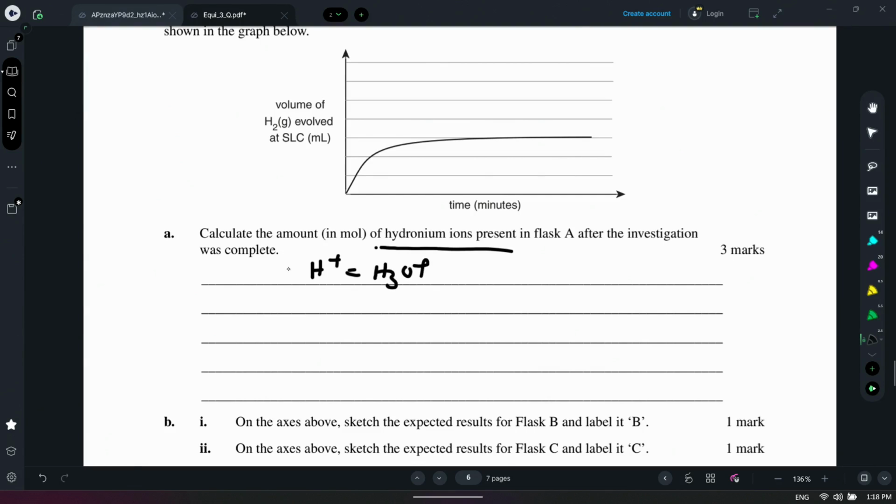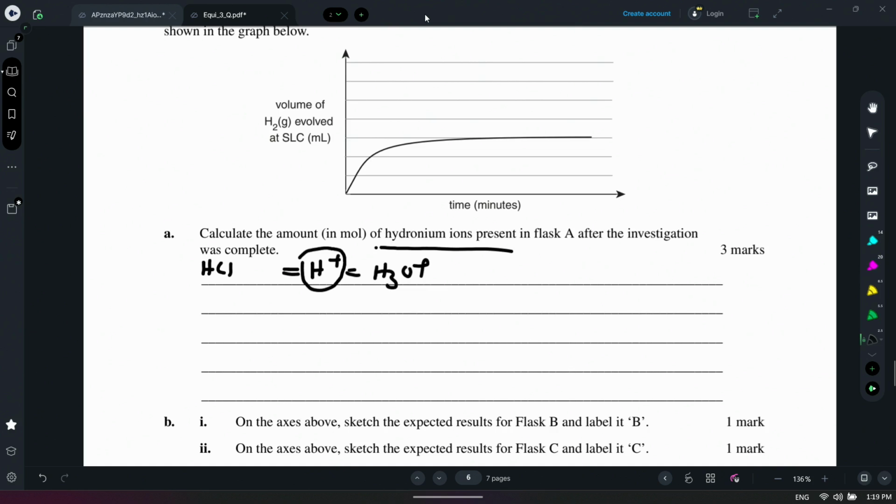So if you can find out the amount of HCl which is going to be left over, that will equal the number of moles of H plus. I'm struggling to come up with a sentence, I'm sorry.